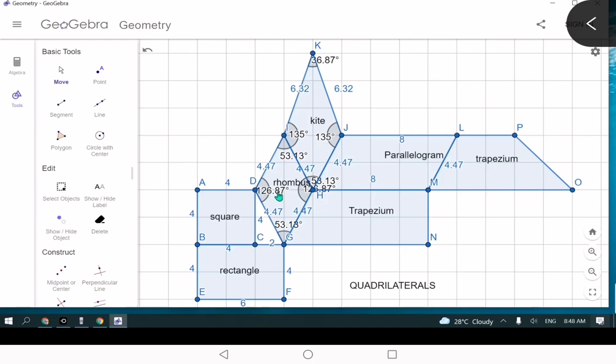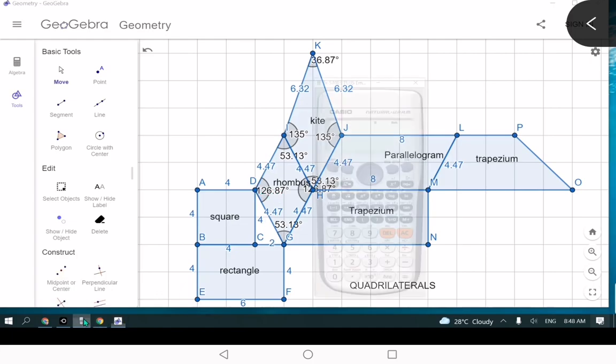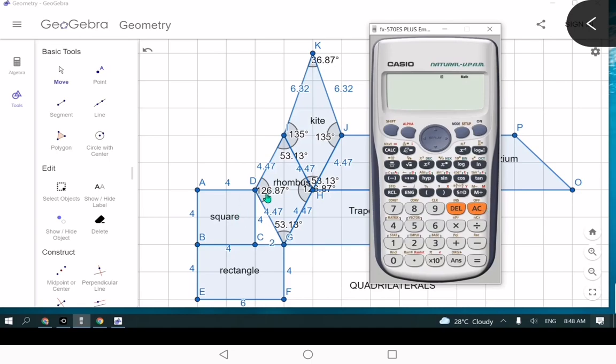OK, the interior angle is 128, because the lines are parallel. The line DI is parallel to GH. So this angle and this angle are called interior angles, which is 100.